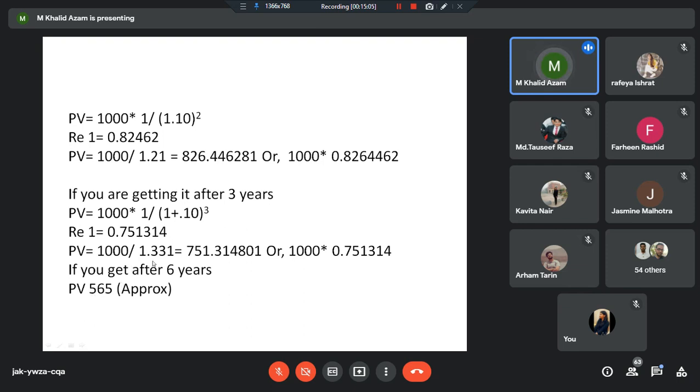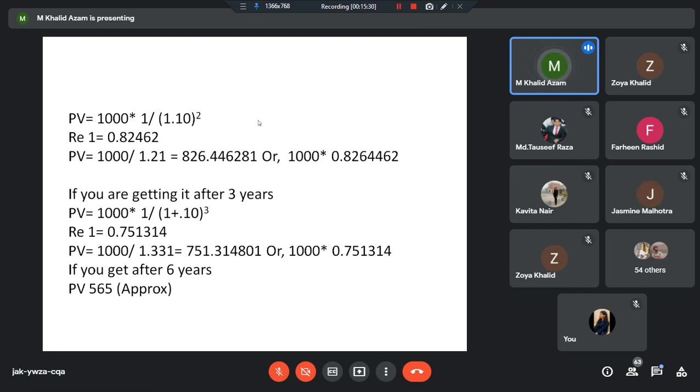If you are not getting 1000 in the first year, second year, third year, you are getting only 1000 at the end of the 6th year. So this 1000, its value will be only 565 rupees. What does it show? It is showing that keeping the rate of discount the same, when you are getting this amount after a particular period, the value is going to reduce.